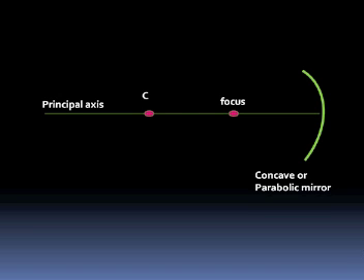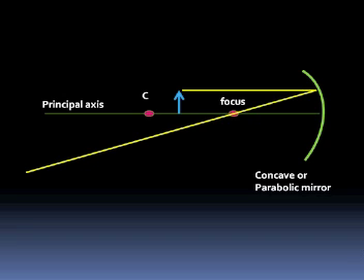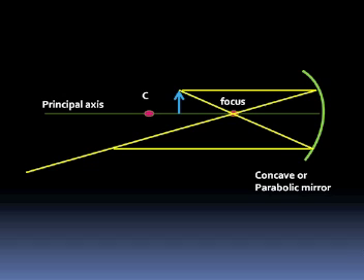Now I will show you how we can draw and find the image of one object. We use two rays. One goes parallel to the principal axis, then through the focus. Another goes through the focus and then parallel to the principal axis. We reconstruct the image there. Now you can do it for an object at C, beyond C, and that is called real because I can find it on a screen.